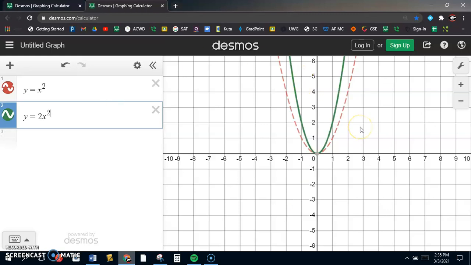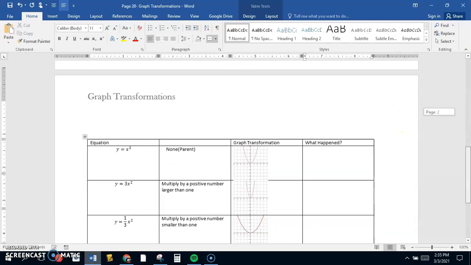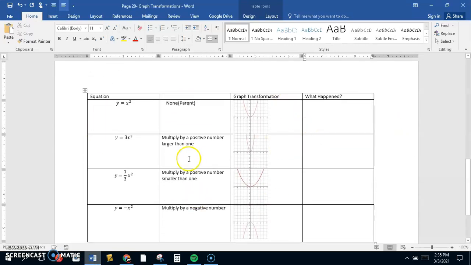Now here obviously the difference is it didn't move. The vertex is still at the origin. What changed was it is now more narrow. We actually call that a vertical stretch. So what you would do on your notes here on page 2 shows the parent again. And there are these little graphs which may be hard to see on here but easier to see on your notes.